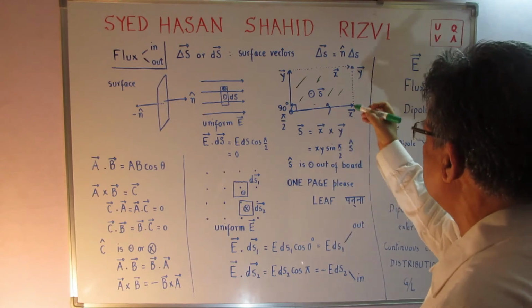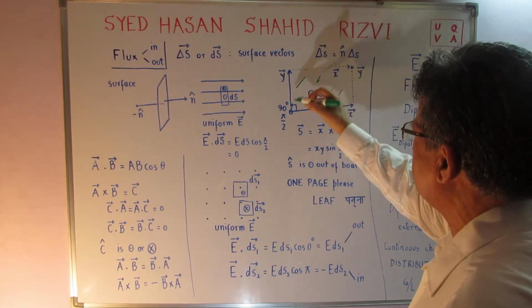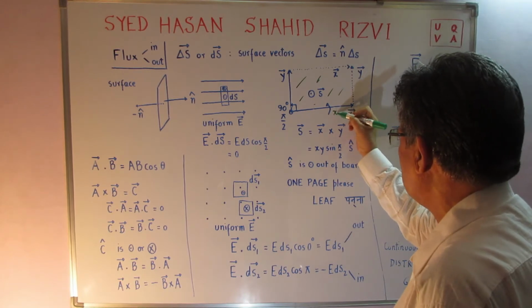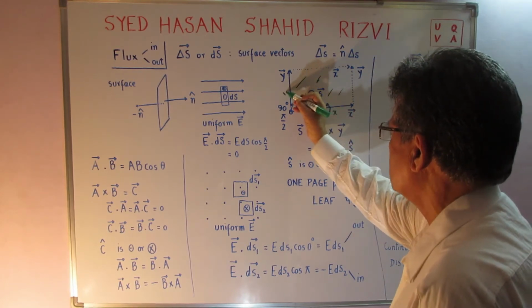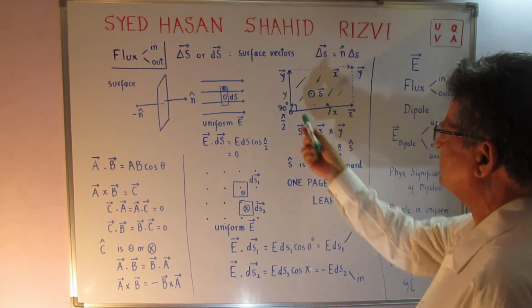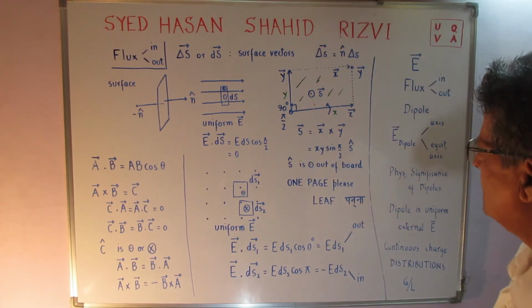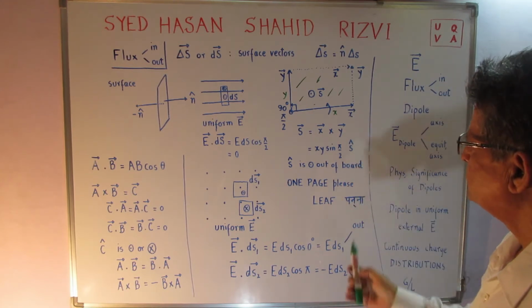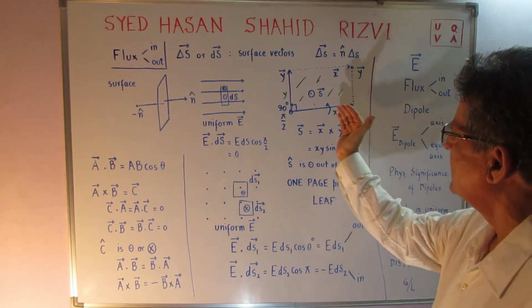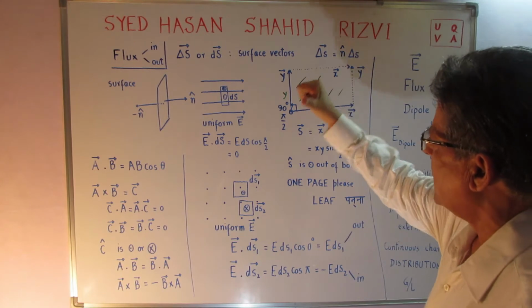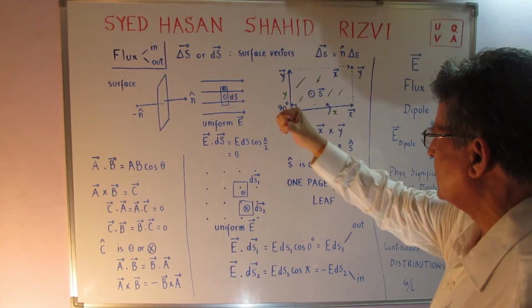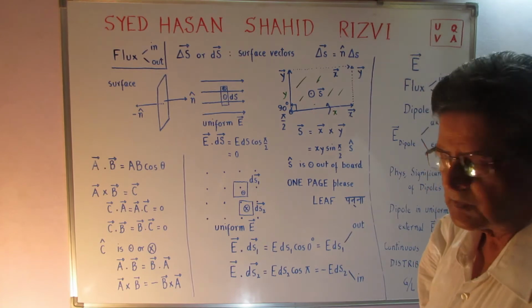So the area we obtain over here will be equal to x multiplied by y into sine of 90 degrees, or pi by 2 radians, and s cap. S cap in this case will be shown by your thumb, anybody's thumb, and it is out of the board.